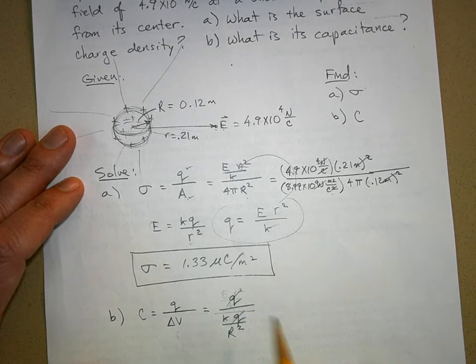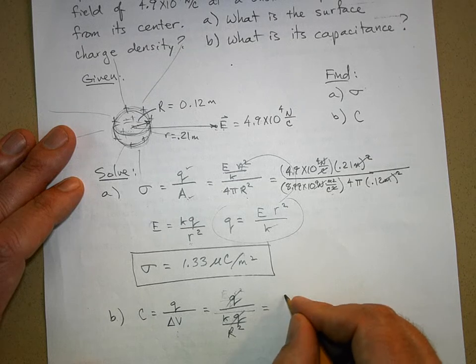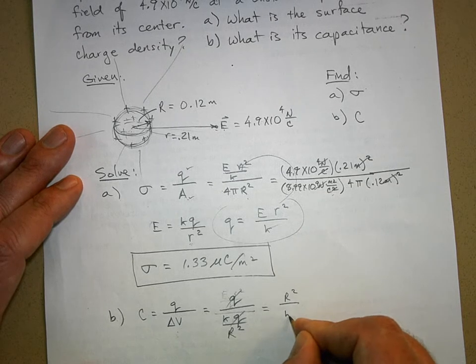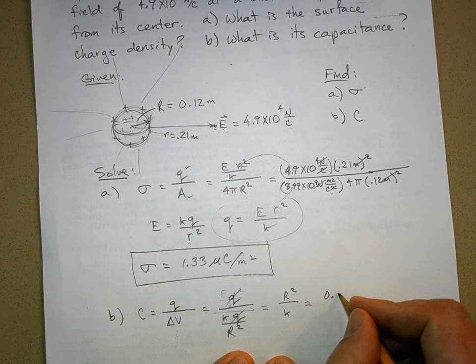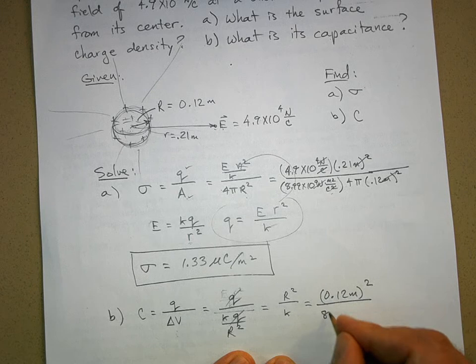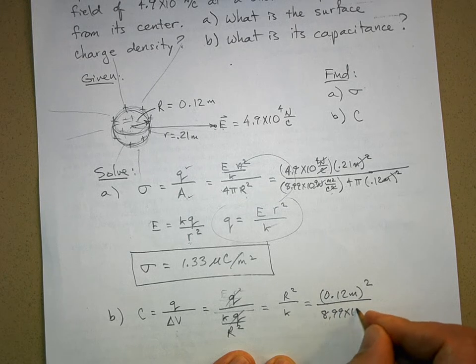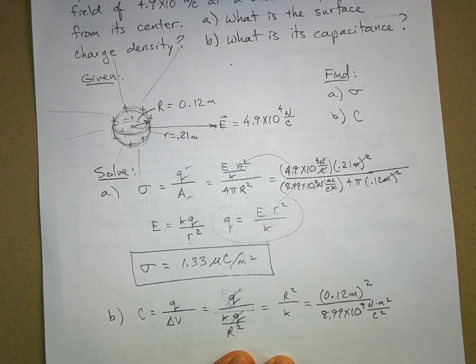And now that goes away, and I'm left with R squared over K. So that's going to be 0.12 meters squared over 8.99 times 10 to the 9 newton meters squared per coulomb squared.